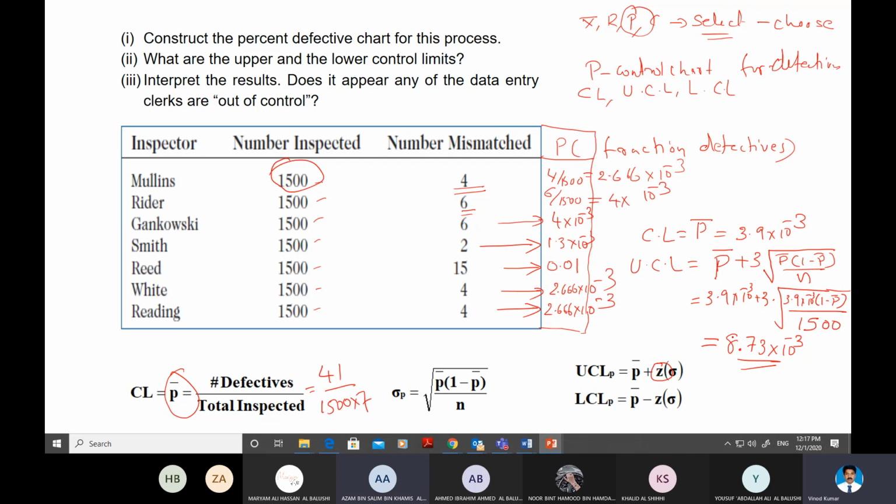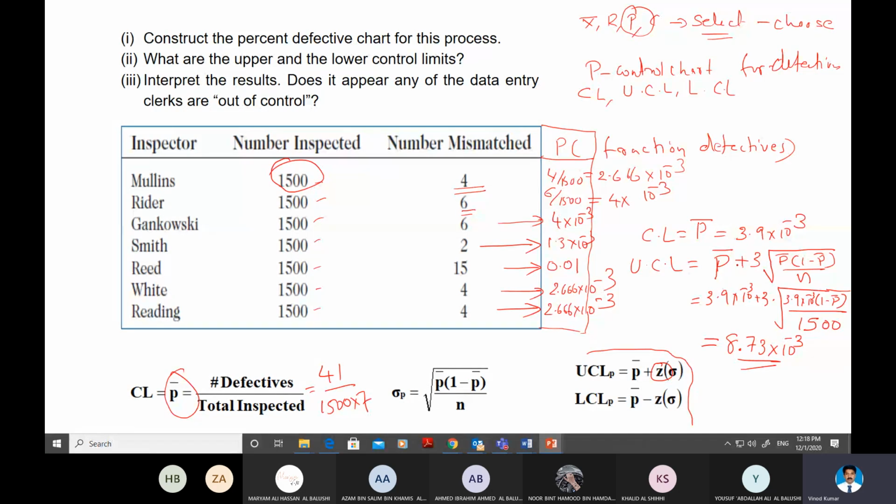Okay, a second answer the same from another person to confirm whether we can proceed with this. Yes, same. So now we go for the lower control limit.